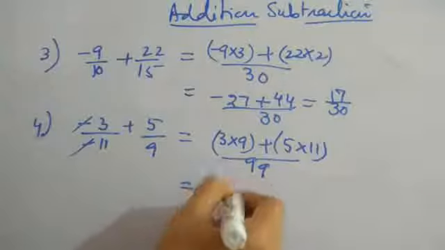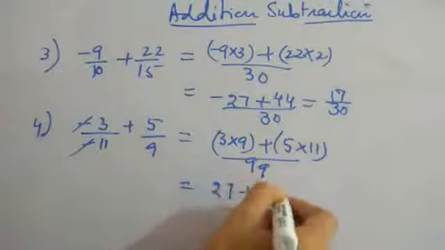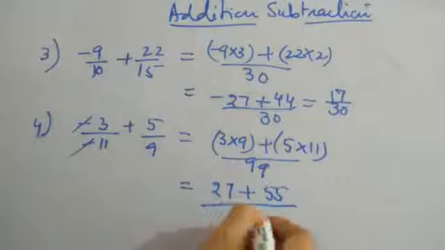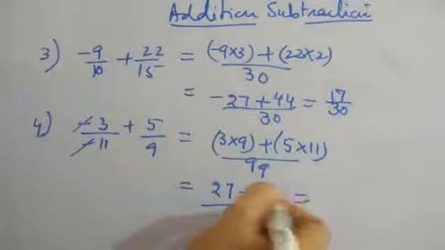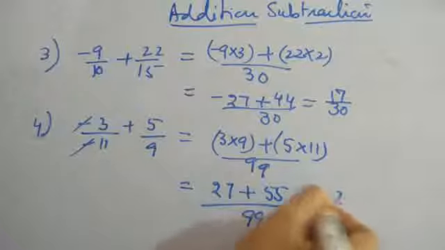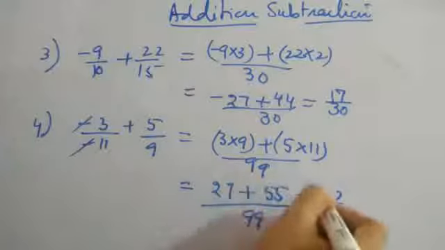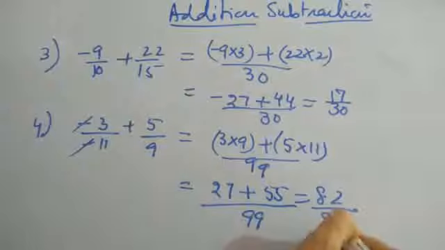Now 9 3s is 27, 11 5s is 55 upon 99. Okay. Now add 27 and 55: 7 and 5 is 12, carry 1, 5 and 2 is 7, 1 is 8, so 82 upon 99. Right.